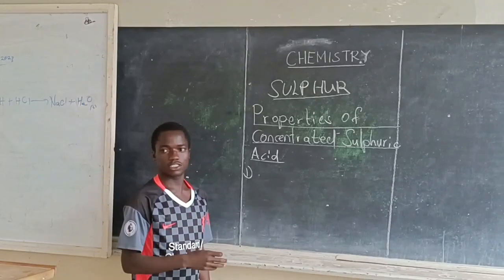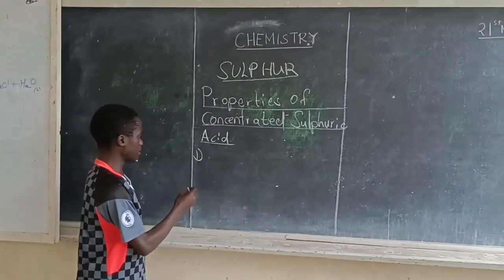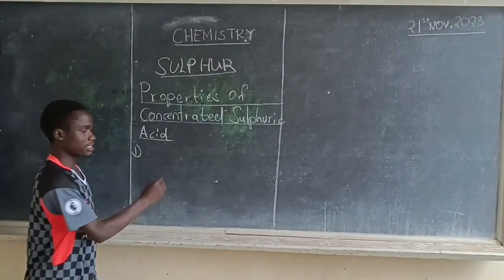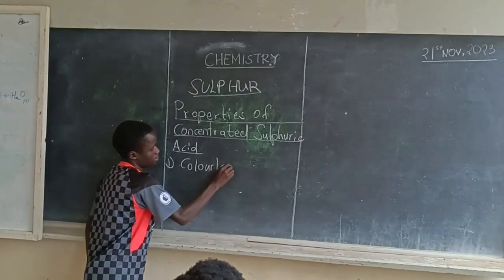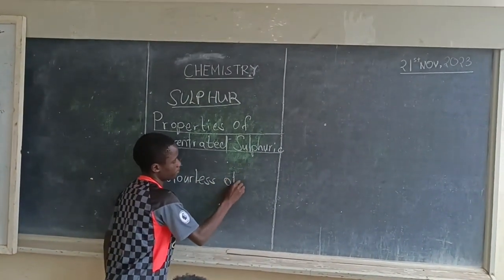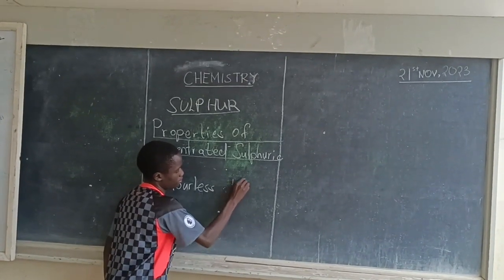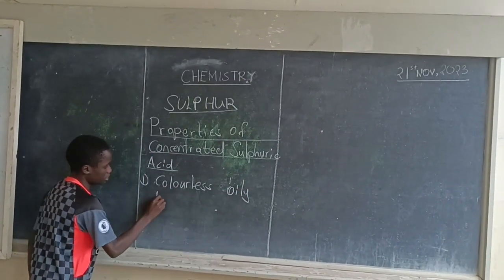The first property that we are going to discuss is that sulfuric acid is a colorless, oily liquid.